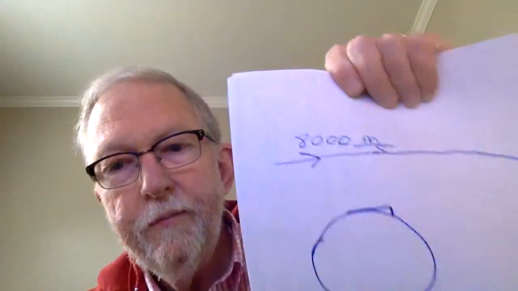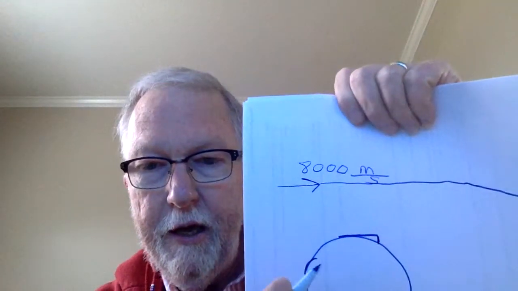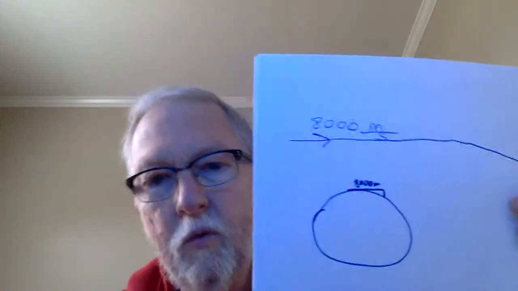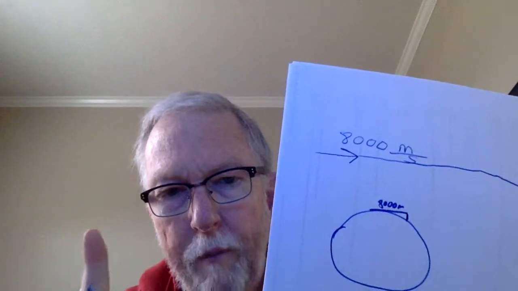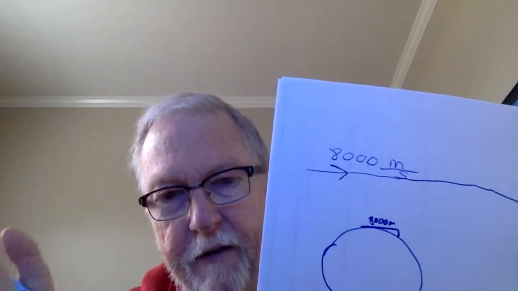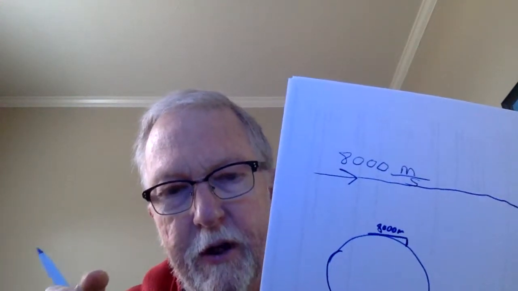Well, guess what he found? He found that if you drew a tangent line from the Earth and you went out 8,000 meters, like so, a tangent line that was 8,000 meters, it would fall 4.9 meters, or we round to 5 meters, because gravity is 10 meters per second squared.